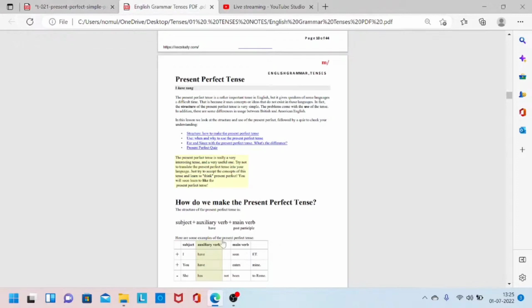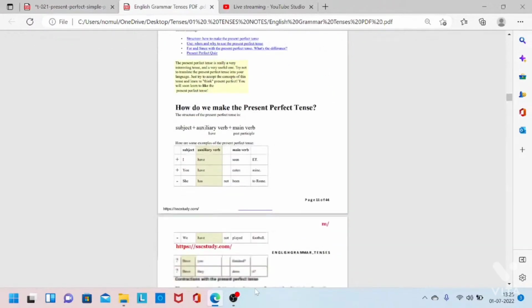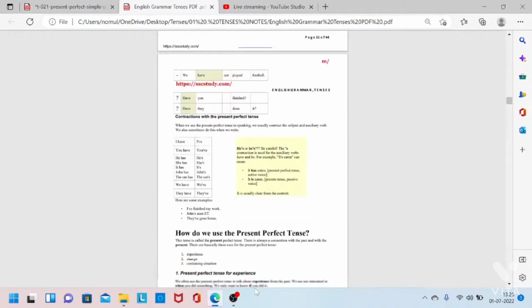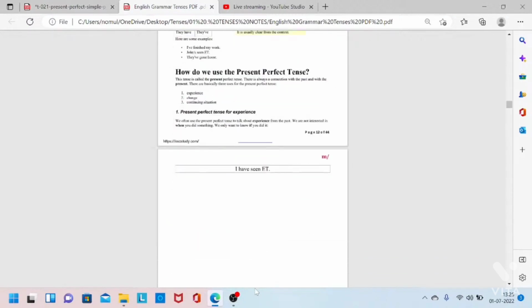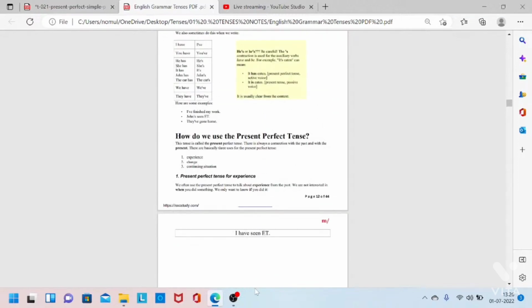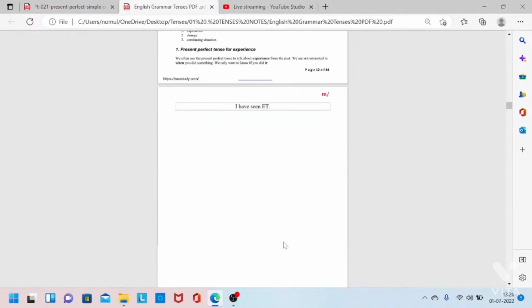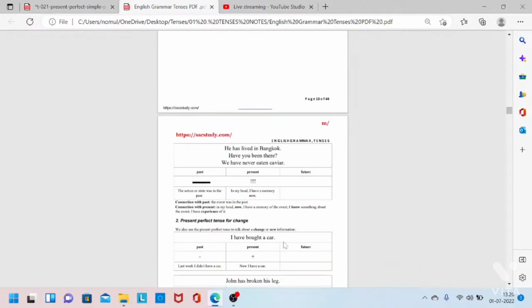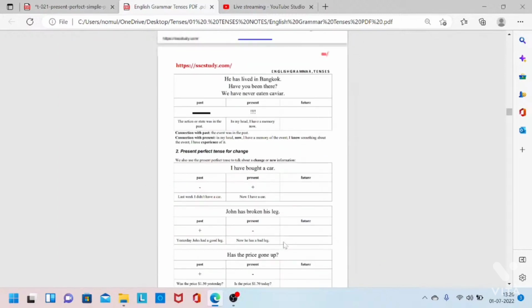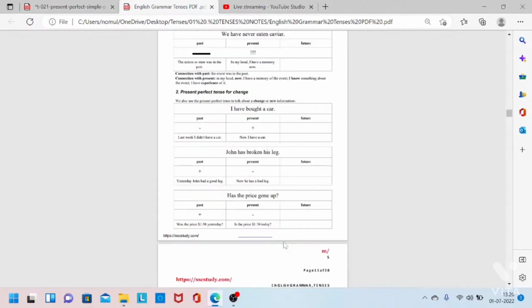We can just go and have a look here now. So past participle, the main verb will be, just have a look. Here also it's mentioned. I have seen it. So we have been using this, and I'll just share it with you for one second. Here, using perfect tense, how they have written.